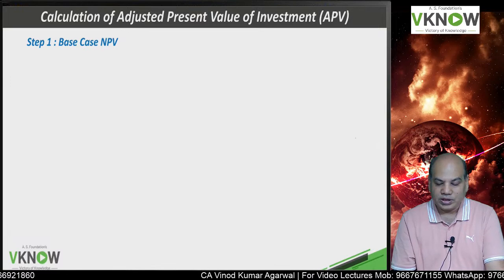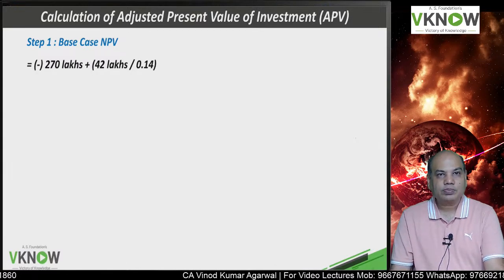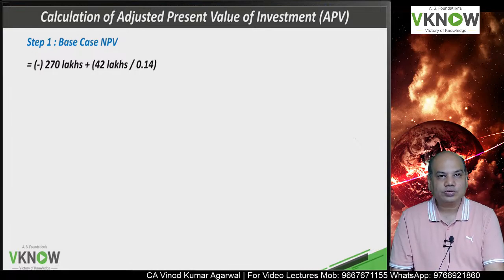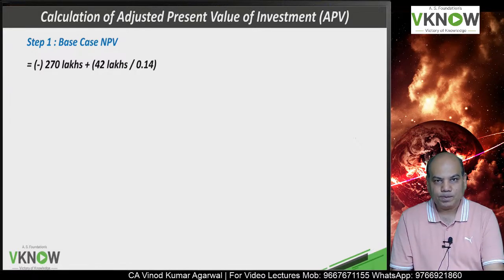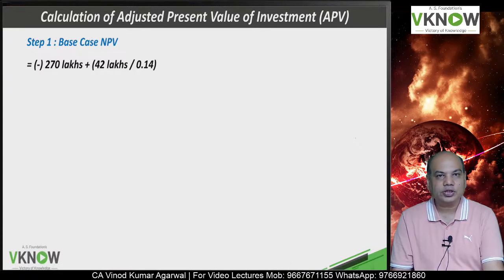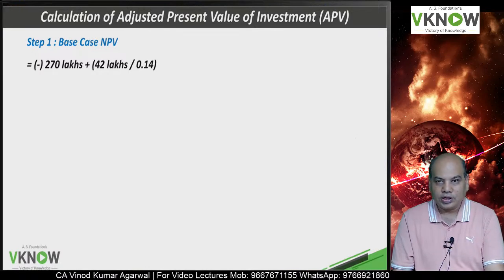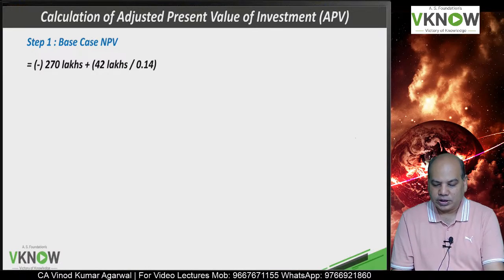First we'll compute base case NPV. The project cost is 270 lakh, so minus 270 lakh plus, in bracket, 42 lakh divided by 14%.